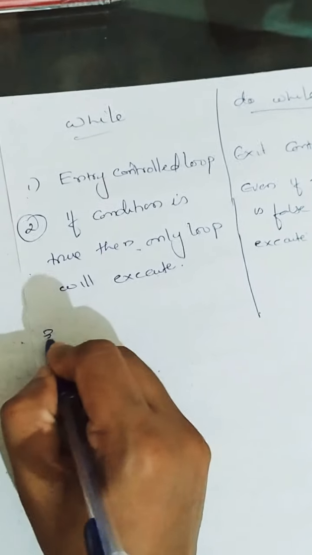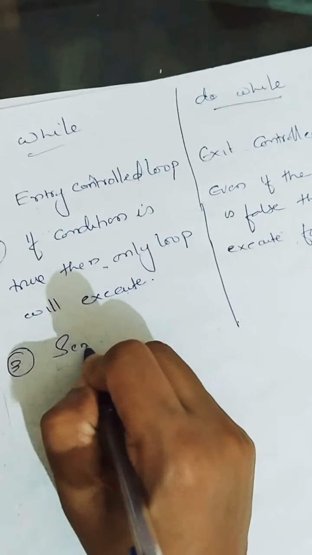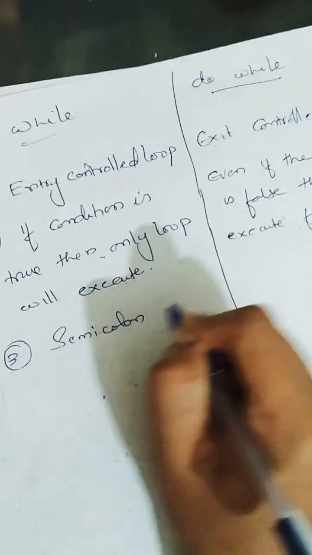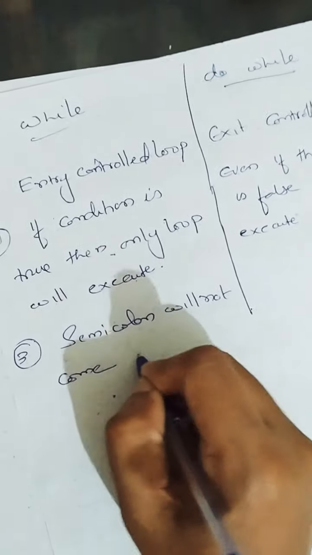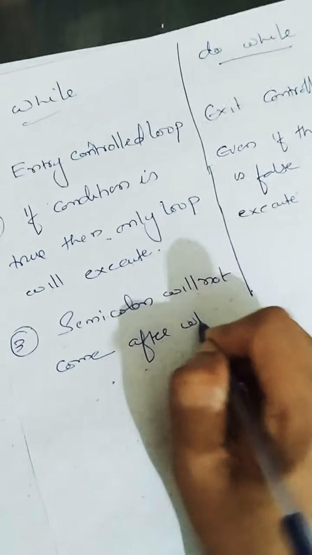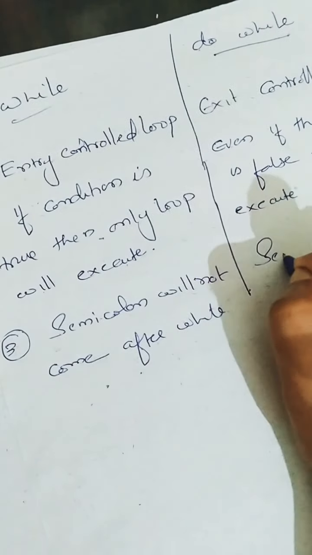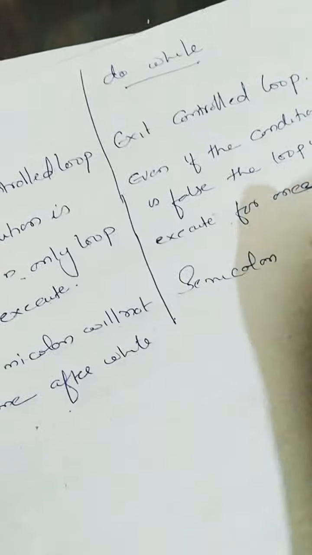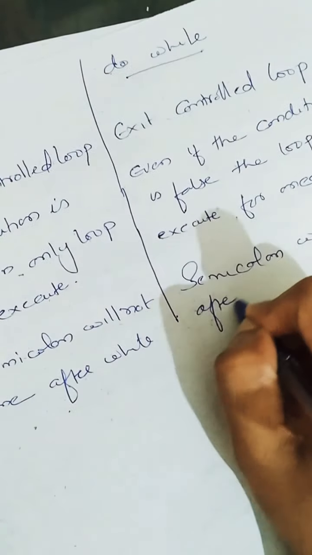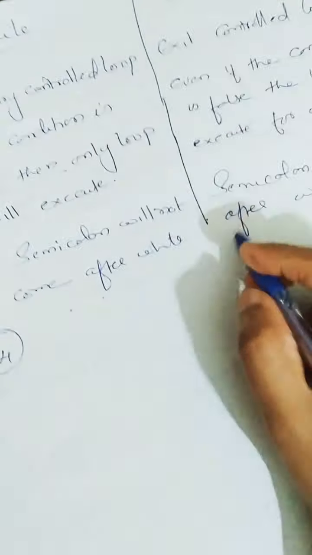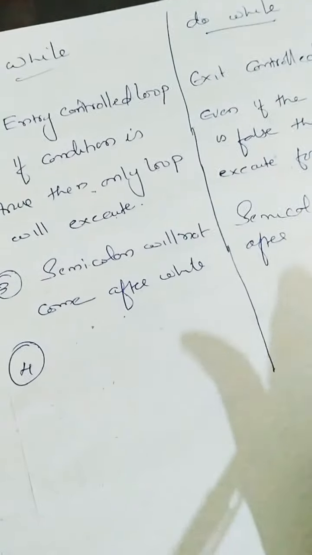Third difference is, a semicolon will not come after while under the while loop. Here a semicolon will come after while. You need to write only 2 points.